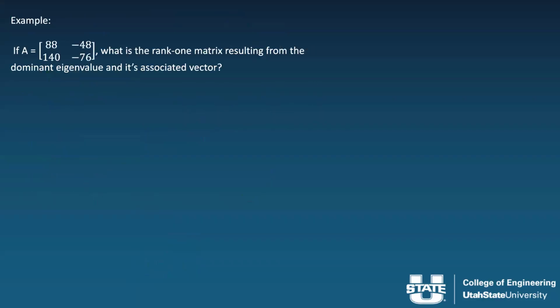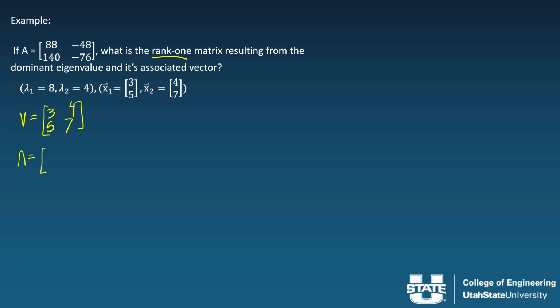And then this is kind of that rank 1 example. Thankfully, I already calculated the eigenvalues and eigenvectors, so we don't have to do all that computation. It's the same process as before, where we have our eigenvector matrix, our eigenvalue matrix, and then our inverse, which again, thankfully the determinant is 1.